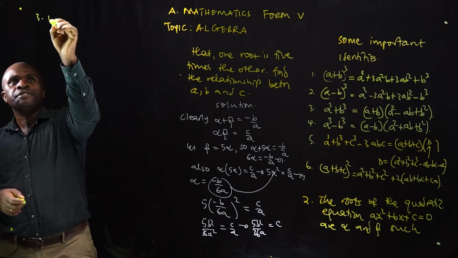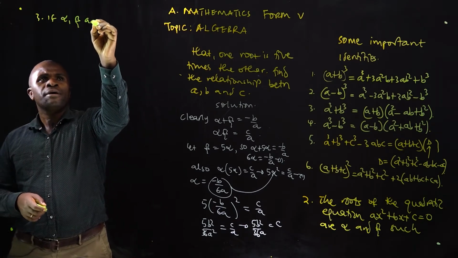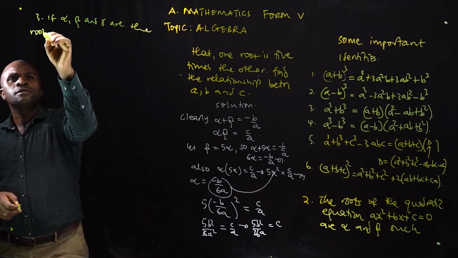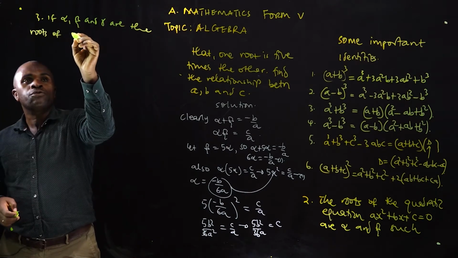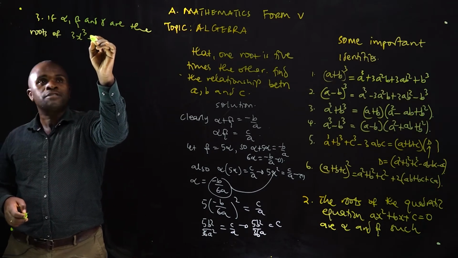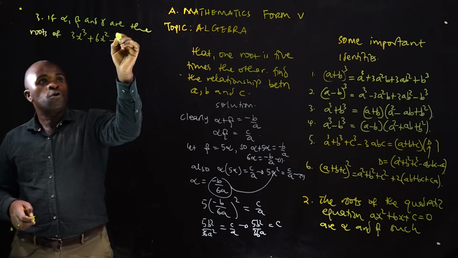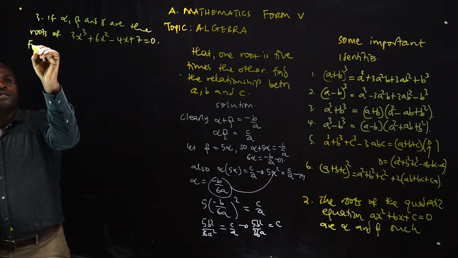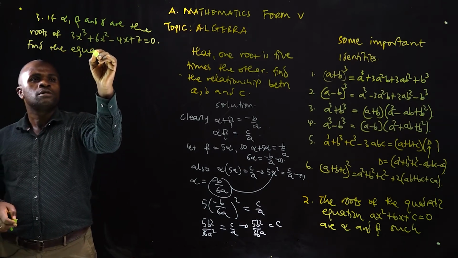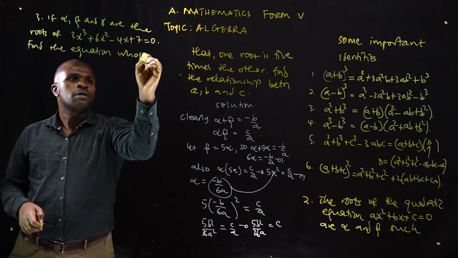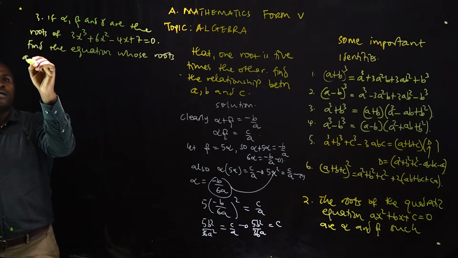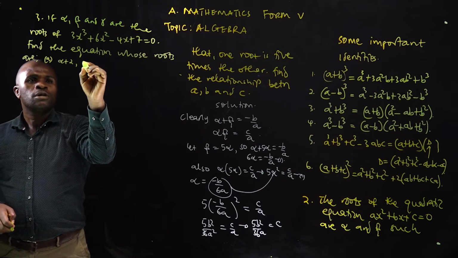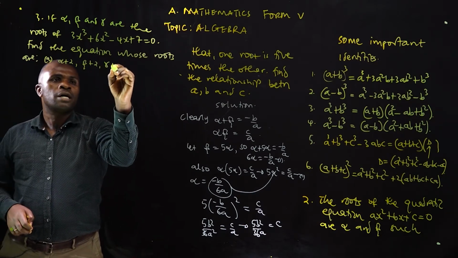Example number 3 says if alpha, beta, and gamma are the roots of 3x cubed plus 6x squared minus 4x plus 7 equals 0, then find the equation whose roots are: A, alpha plus 2, beta plus 2, gamma plus 2.